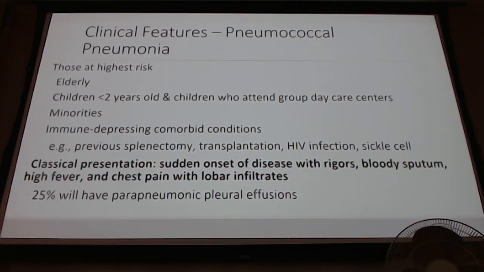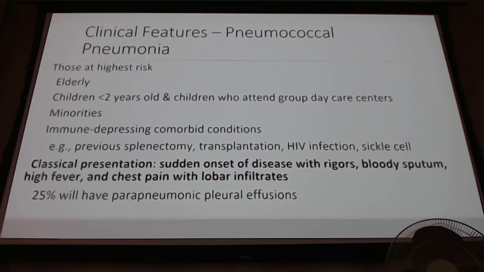And then we look at certain minorities and immunocompromising conditions that place them at higher risk, especially patients who can't mount the same immune response, like your asplenic patients, transplant patients, your HIV and sickle cell. We tend to treat them a little bit differently when they present.